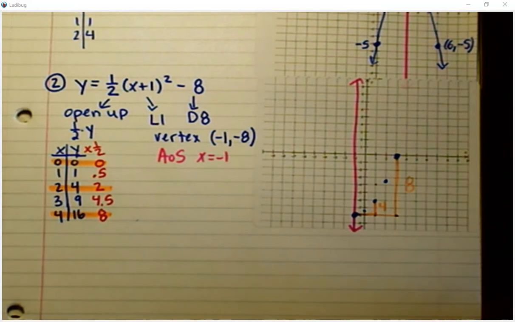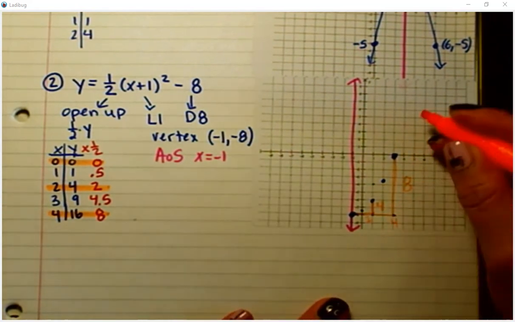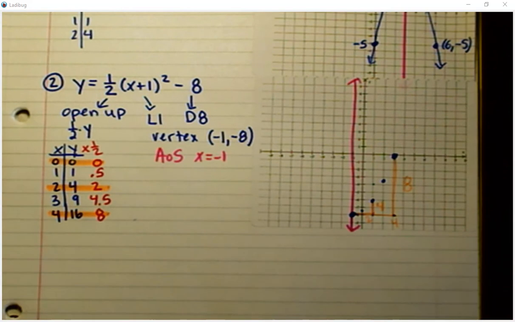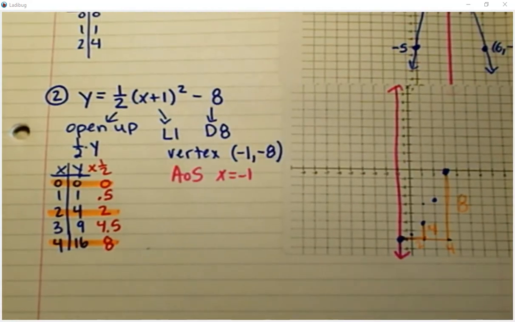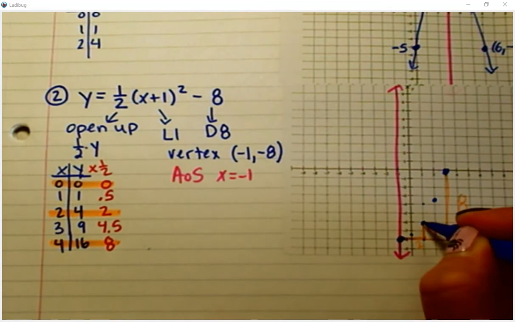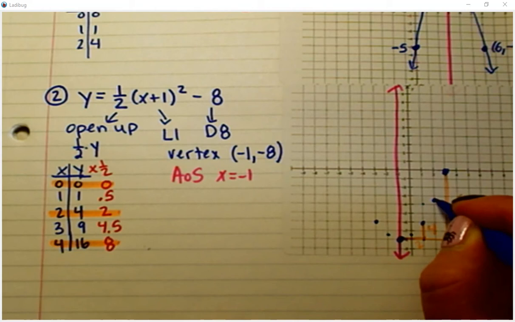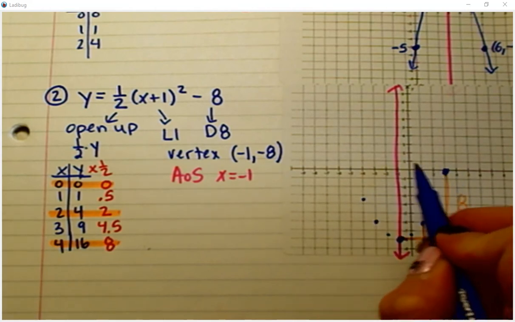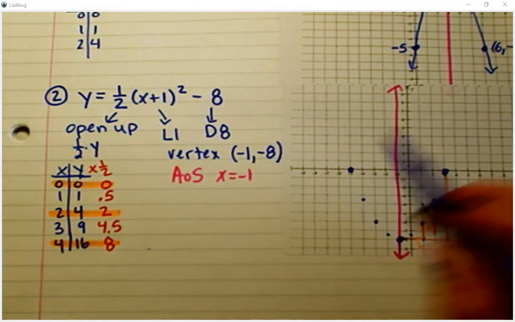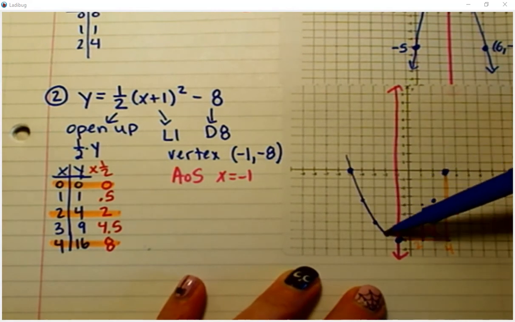That's what I'm counting. 2, 4, 4, 8, from the vertex. And reflect. And connect.